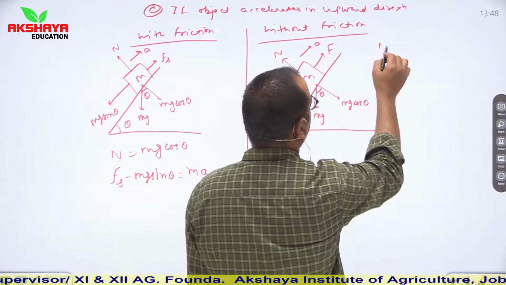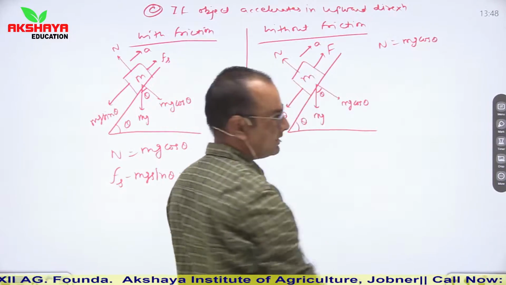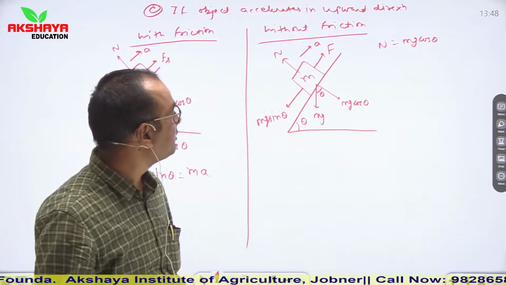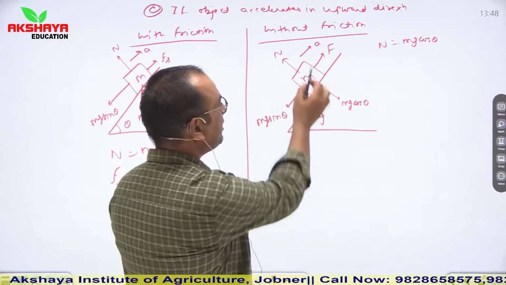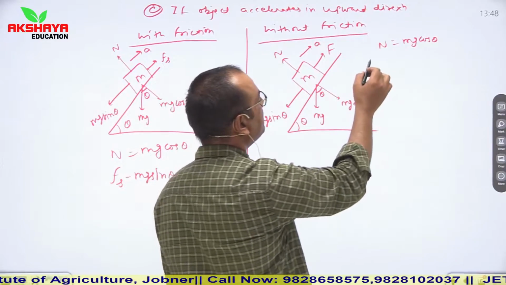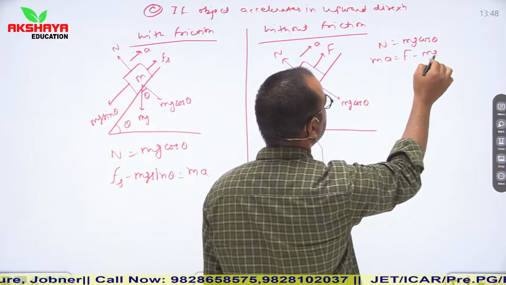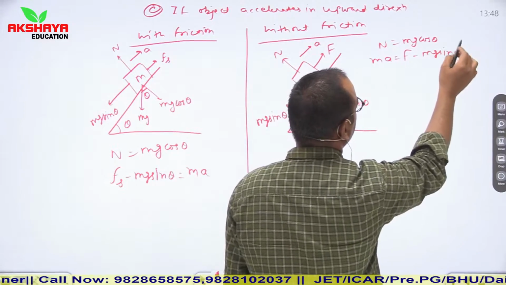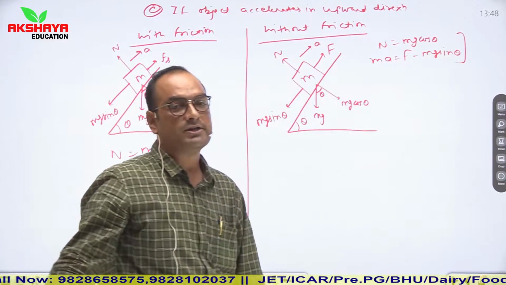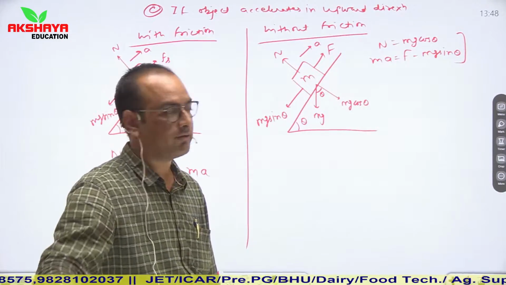So in balancing condition N becomes equal to mg cos theta, and now accelerating in the upward direction, so force F is greater than mg sin theta. So ma is equal to F minus mg sin theta. So these are two equations. By solving them, you can calculate either the value of that force or the normal force.